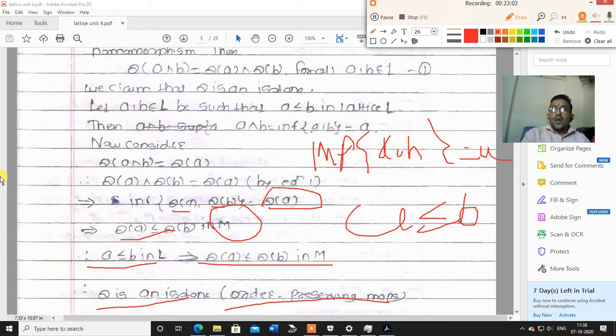So any meet homomorphism is an order preserving map.